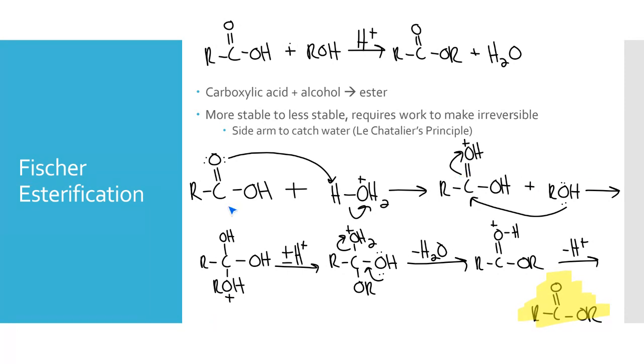So now that we get here, this right here is not a good leaving group, because we just put that on, so why would we take it right back off? But if we protonate this, that would be a good leaving group, right?